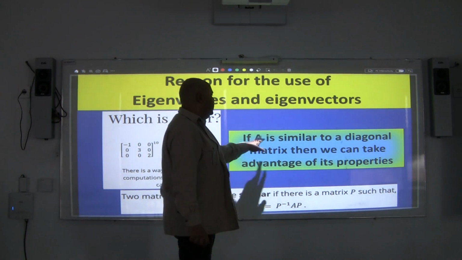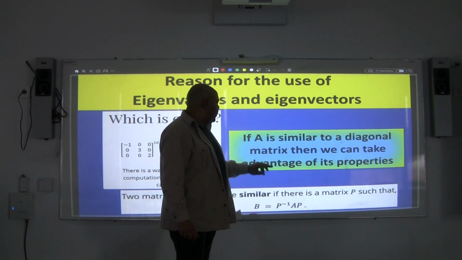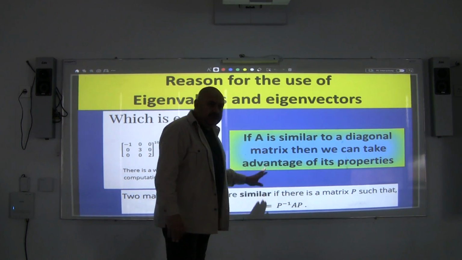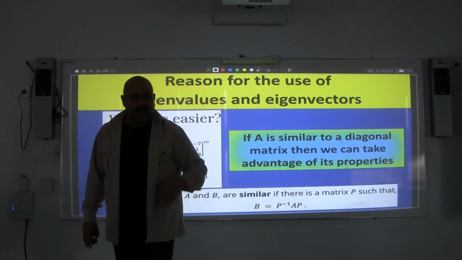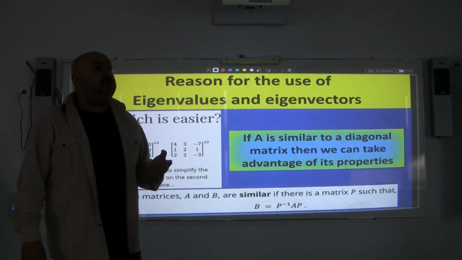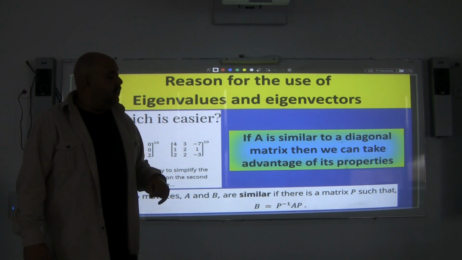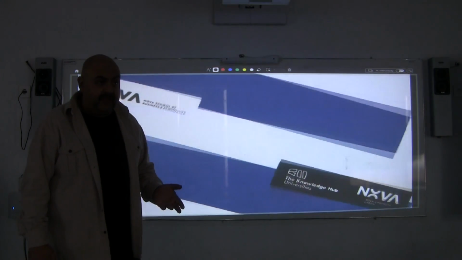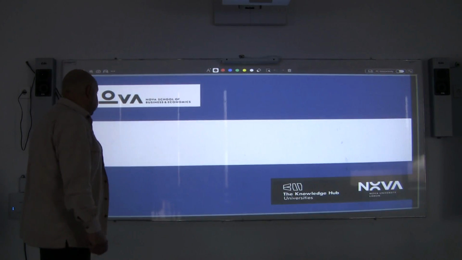If A is similar to a diagonal matrix, then we can take advantage of its properties. That's the bottom line. That's why we are going through these difficulties in order to find the eigenvalues and eigenvectors.